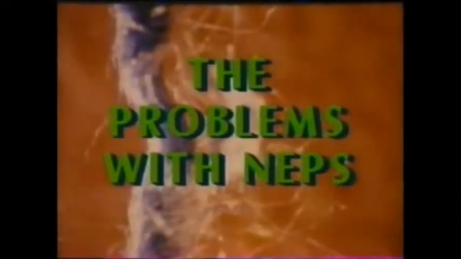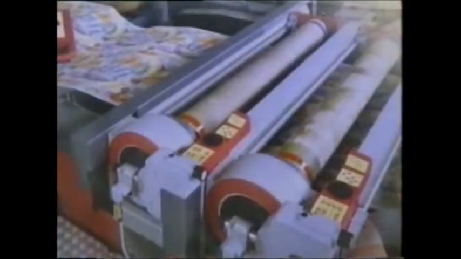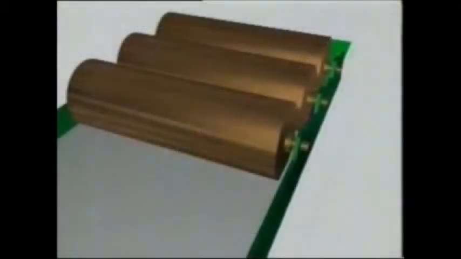Neps, as you may know, can cause a variety of problems. For instance, neps composed of immature fibers reflect light in a different way than regular yarn with mature fibers. They will appear as a differently colored spot on the fabric. Neps which are on the surface of a fabric can cause unprinted spots during printing.